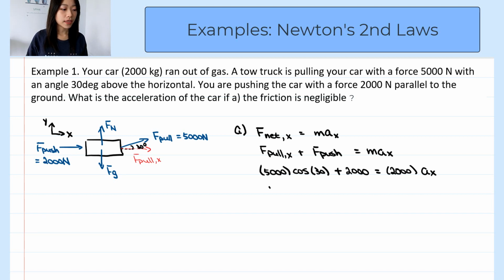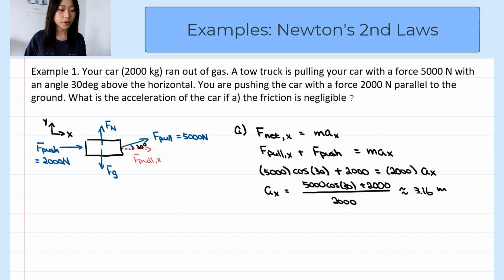Now let's isolate for the acceleration. It equals 5,000 times cosine of 30 plus 2,000, and the whole thing divided by 2,000. You plug the numbers in your calculator to find that the acceleration in x is 3.16 and the unit is meters per second squared.